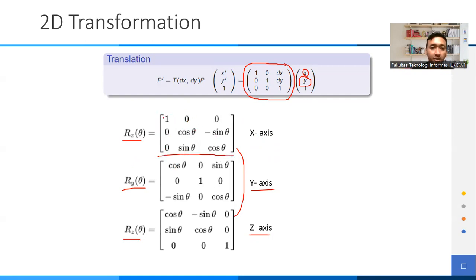This one is a 3x3 matrix, and we can input the degree here for the rotation for the x-axis, and we also set the degree here at the edge of the matrix for the y-axis, and also for the z-axis we set the degree for the rotation here.